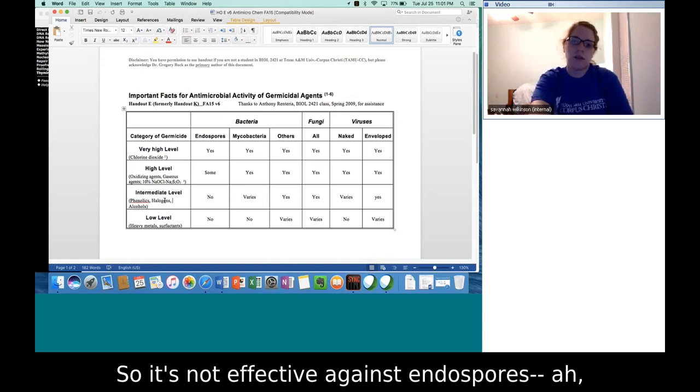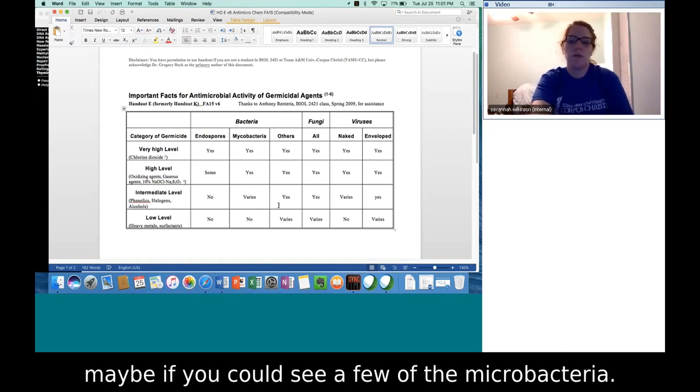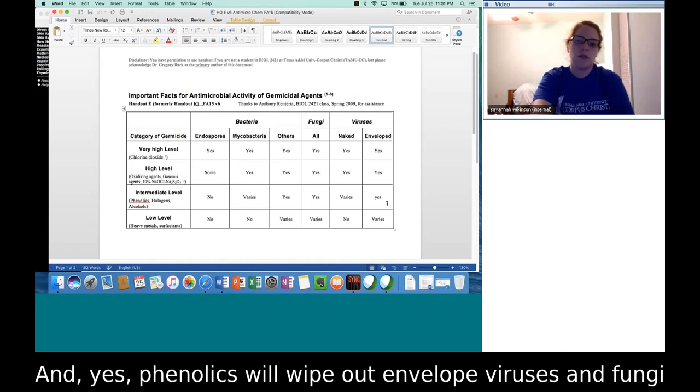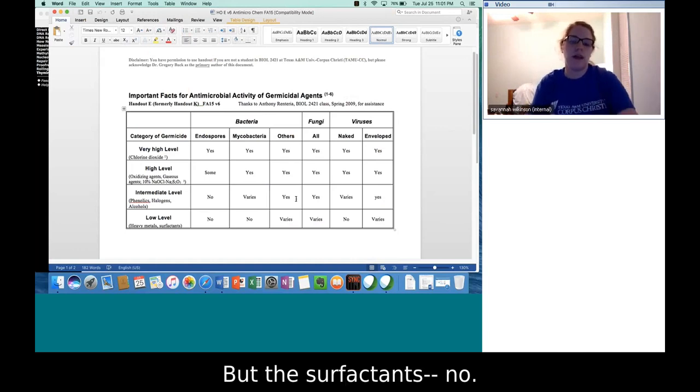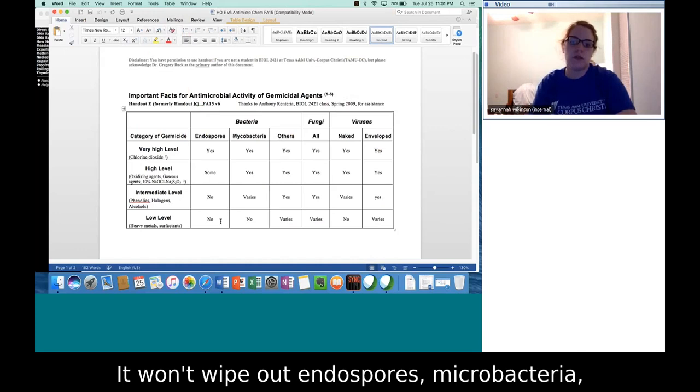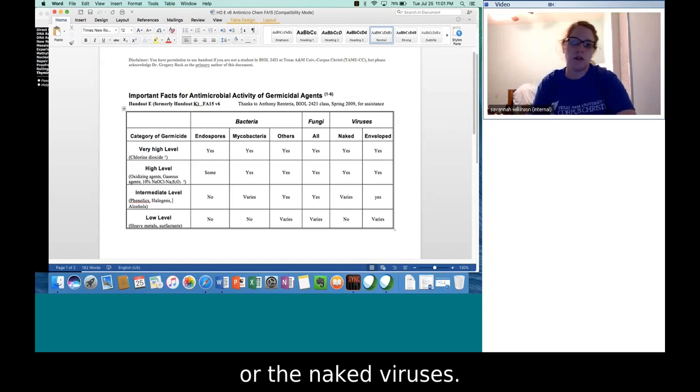So it's not effective against endospores, maybe a few subspecies of mycobacteria. And yes, phenolics will wipe out enveloped viruses and fungi and other bacteria. But like the surfactants, no, it won't wipe out endospores, mycobacteria, or the naked viruses. So this handout is helpful.